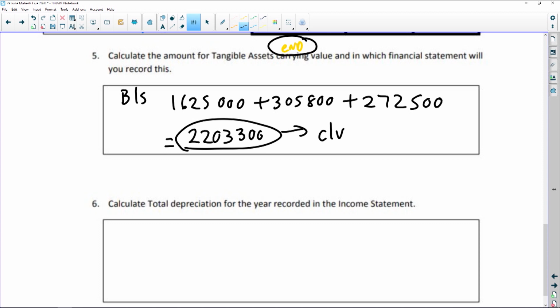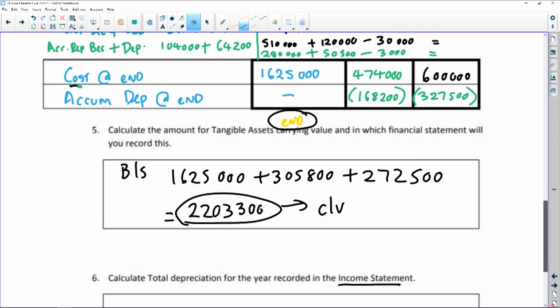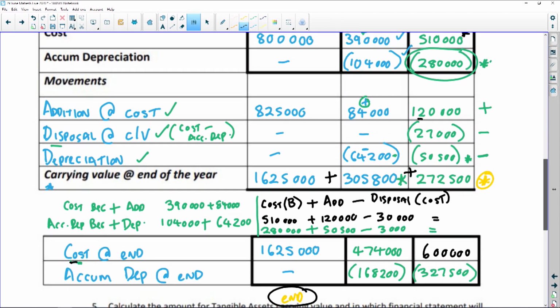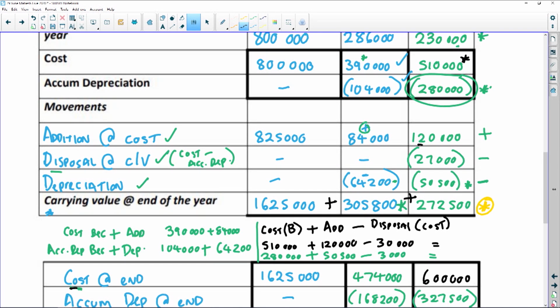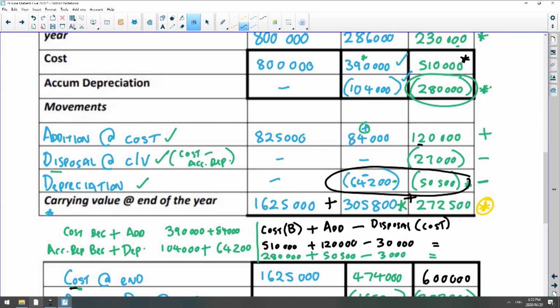Right, and then finally the last question: calculate total depreciation for the year recorded in the income statement. Remember, in the income statement, your total depreciation is depreciation on equipment plus depreciation on vehicles.